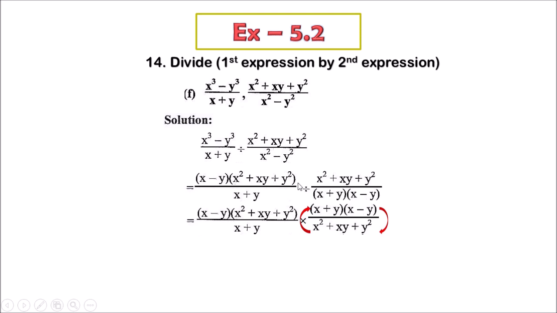When we change the sign from division to multiplication, we have to write the reciprocal fraction. Like if I think about 8, what is the reciprocal of 8? 1 by 8. Or if I write 2 by 3, what will be the reciprocal fraction? The reciprocal fraction will be 3 by 2.